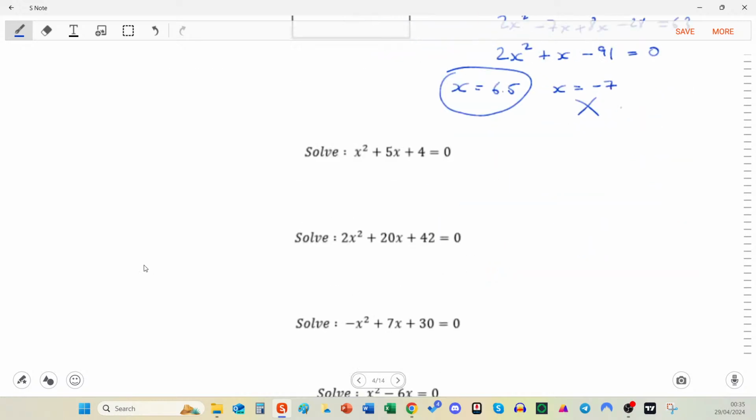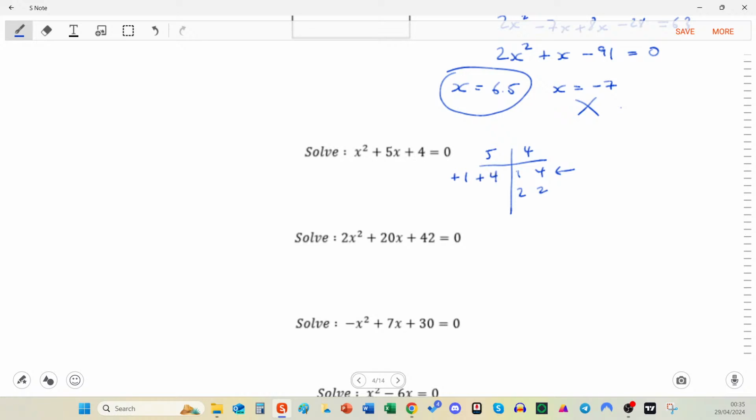So solve x squared plus 5x plus 4. It looks like a very basic one to me. So I'd probably just do a basic table of factors to say, okay, 1 and 4, 2 and 2. It looks like 1 and 4 are going to get me to 5. So I would do 1 plus 4.